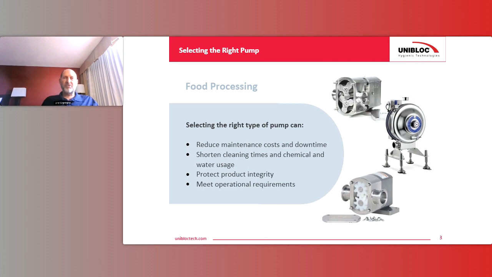So selecting the right pump in the food processing plants can be a challenge sometimes. There's several things you have to take into consideration when doing so. Obviously, the maintenance costs of the pump, you want to keep that to a minimum. The amount of downtime you can have in your process due to pumps, you want to keep that to a minimum as well. Obviously, you want to have efficient and short cleaning times.